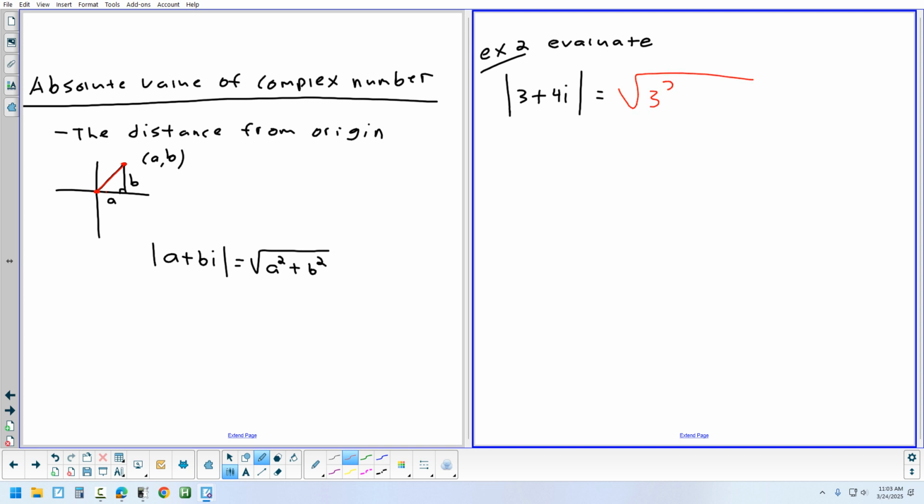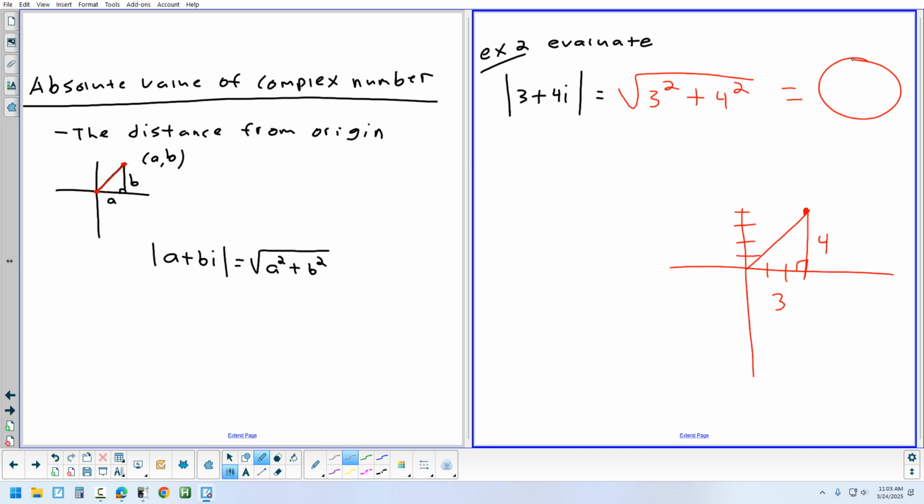Okay, if you're more visual and you want to draw it out, you're 3 units right and you're 4 units up. You're right there, and you're finding that distance. So what are we going to get for the absolute value of 3 plus 4i? Yeah, 5.